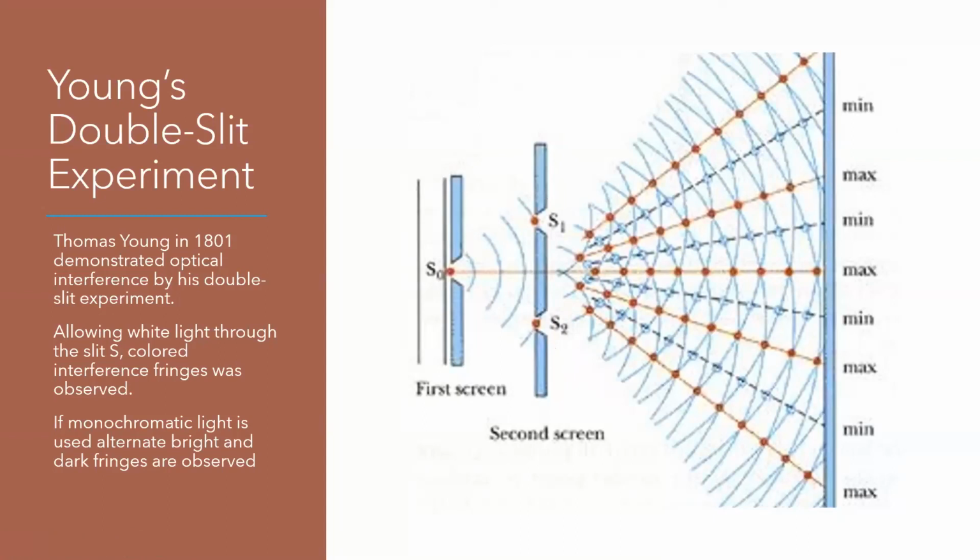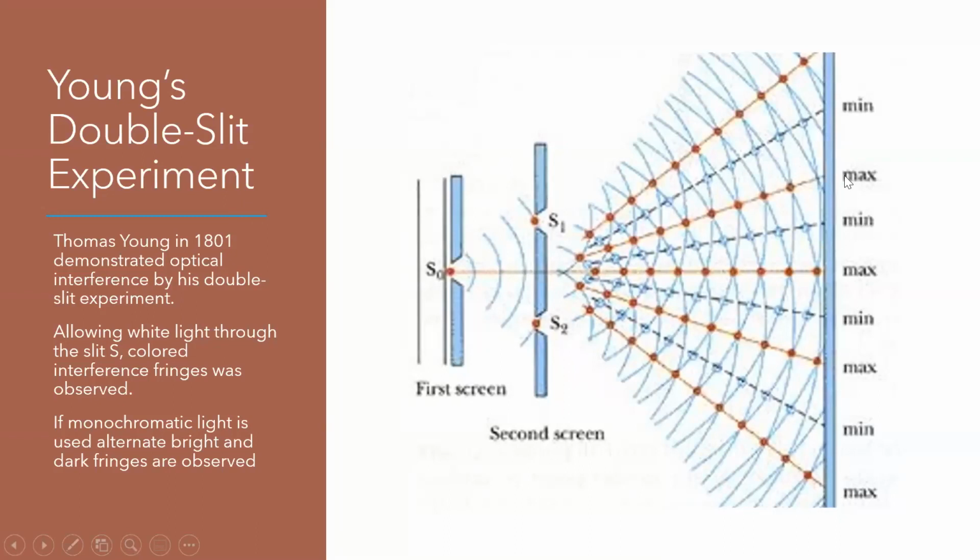We know one of the conditions for interference to take place is that the light should come from coherent sources. So this is how he experimentally prepared two coherent sources. And he made that light fall on a screen.